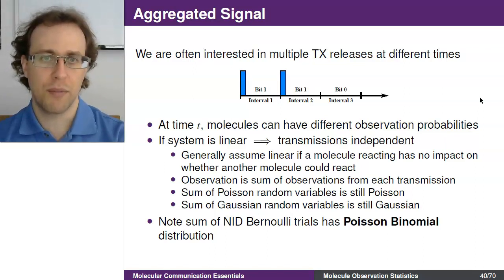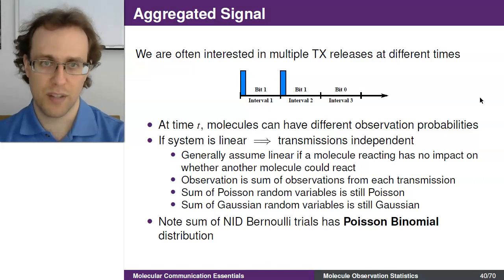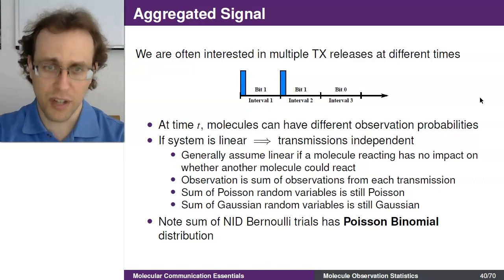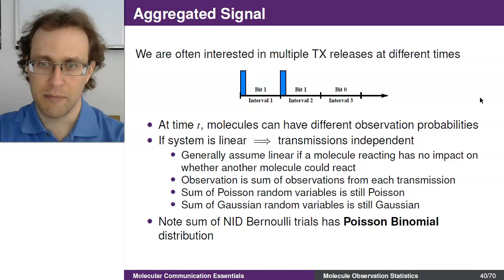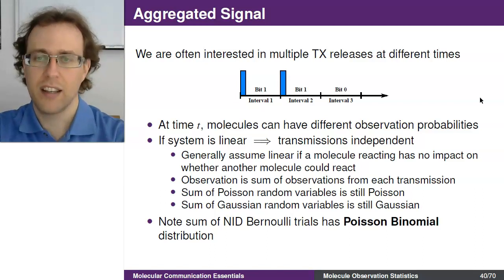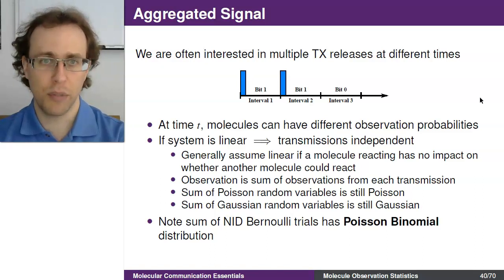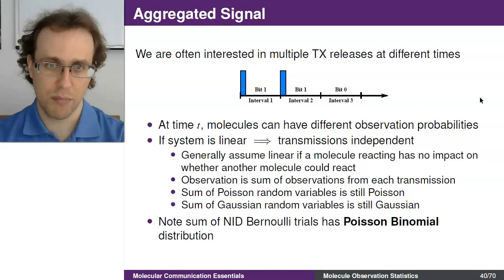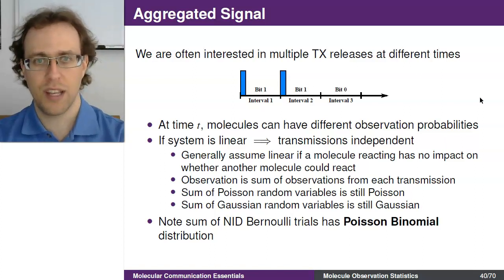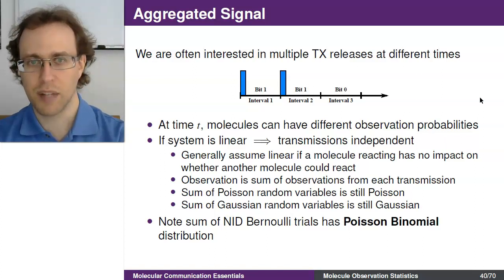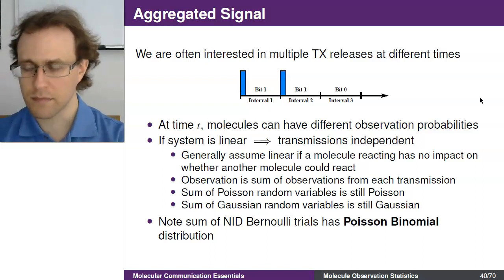So there'll be a different distribution depending on when the molecules were transmitted. So if you were to start from the very beginning, statistically, with this multiple molecule release approach, what you would end up with, instead of a binomial distribution, is a Poisson binomial distribution, which is quite a bit more complicated to work with.